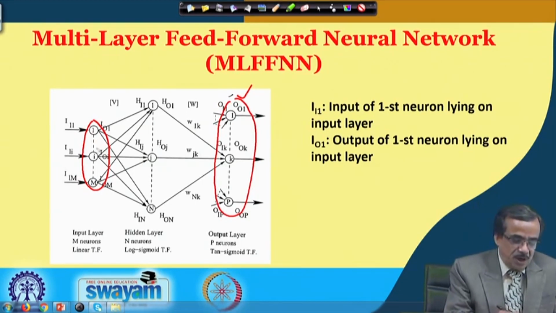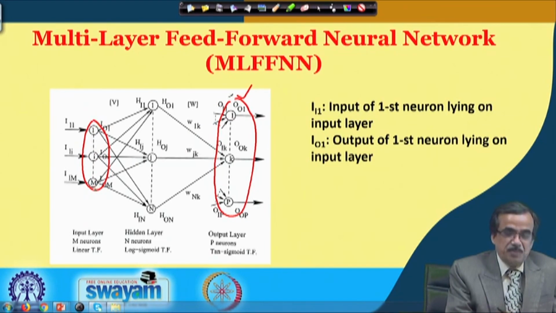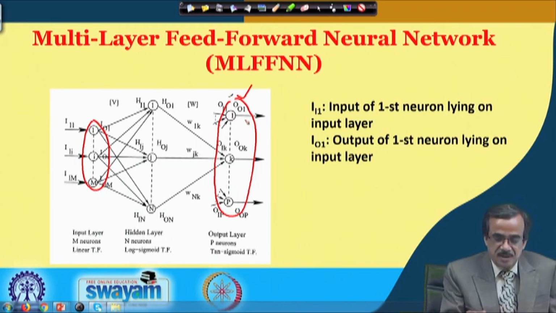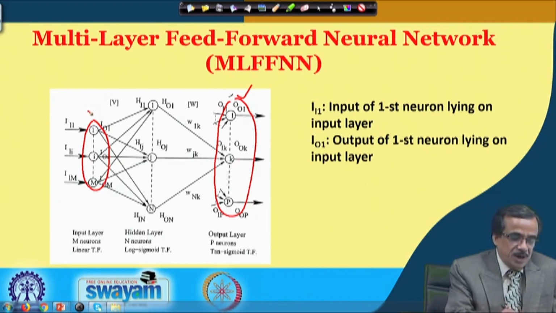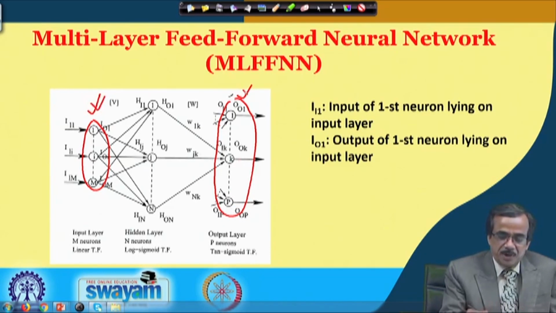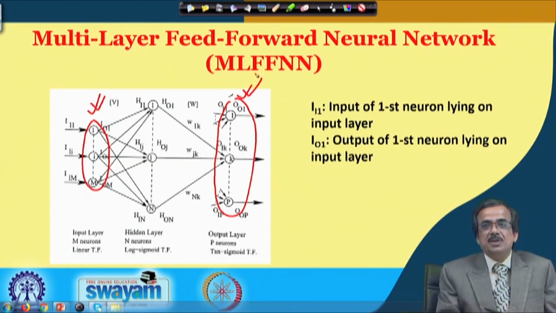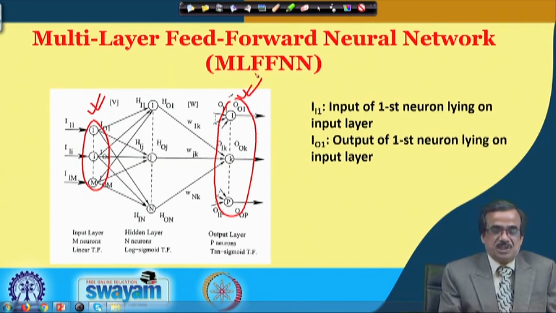So, the number of neurons in the input layer is nothing but the number of input parameters, and the number of neurons on the output layer is nothing but the number of outputs. So, the number of neurons in the input layer and the number of neurons in the output layer are known, those are kept fixed.